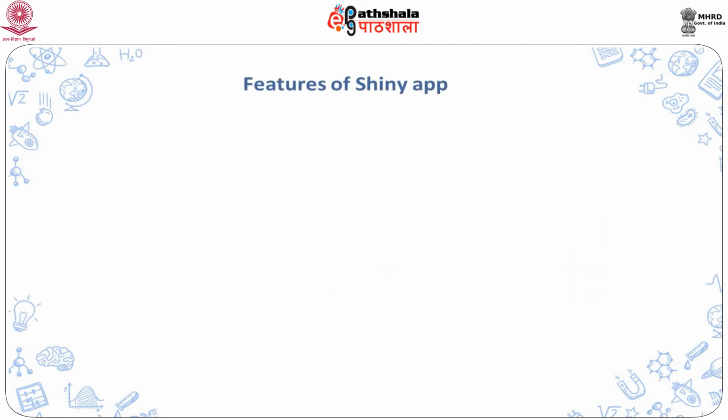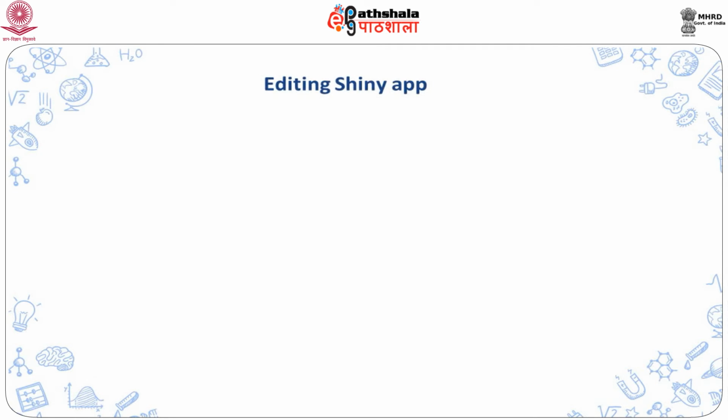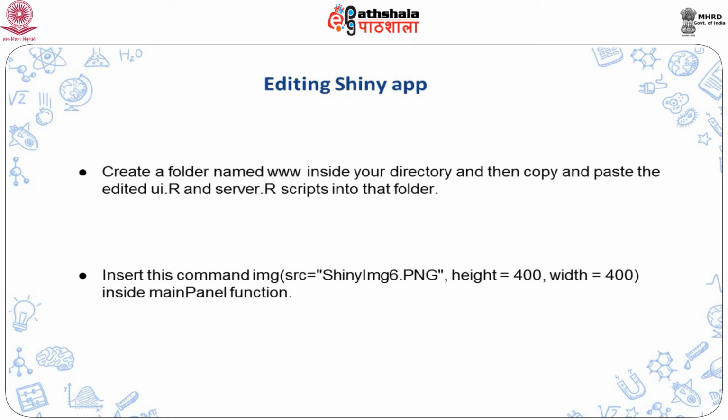Now let's look at some more features of the Shiny app. You can also format the text of the UI.r script. You can enhance the appearance of your app. To insert an image, use the img function. Name your image as the src argument that has been given here.